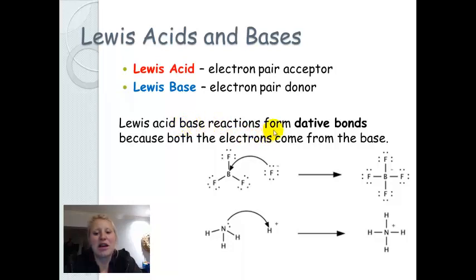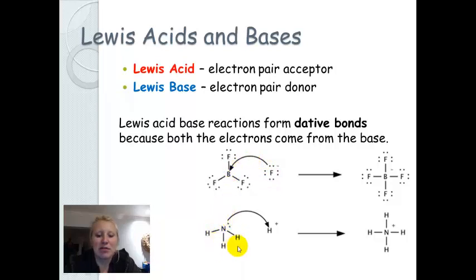In this case, that thing is the base. So here we have BF3, and BF3, when you react it with fluoride, forms BF4-. And the fluoride is donating 2 electrons to the boron to form a bond. So here the BF3 is the acid because it's accepting an electron pair, and the fluoride is the base because it's donating an electron pair.